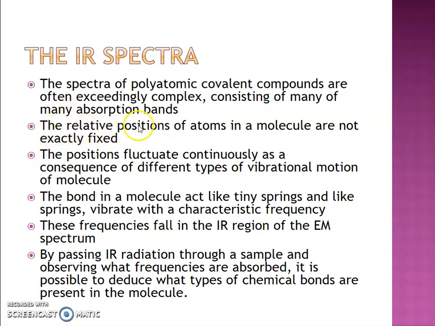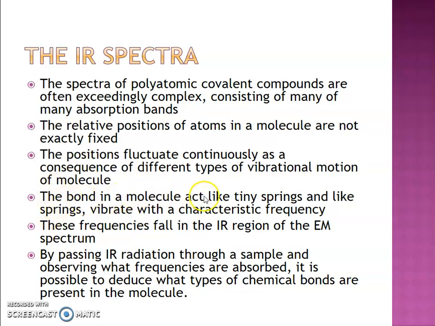The relative positions of atoms in a molecule are not exactly fixed. Sometimes they can shift a little down, sometimes a little to the left or right, depending on the neighboring groups. The position fluctuates continuously, so the position of the band also fluctuates. Many factors affect them.